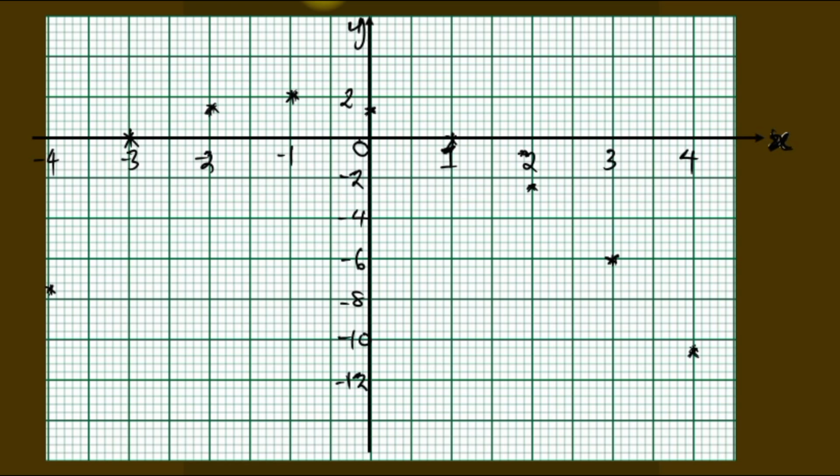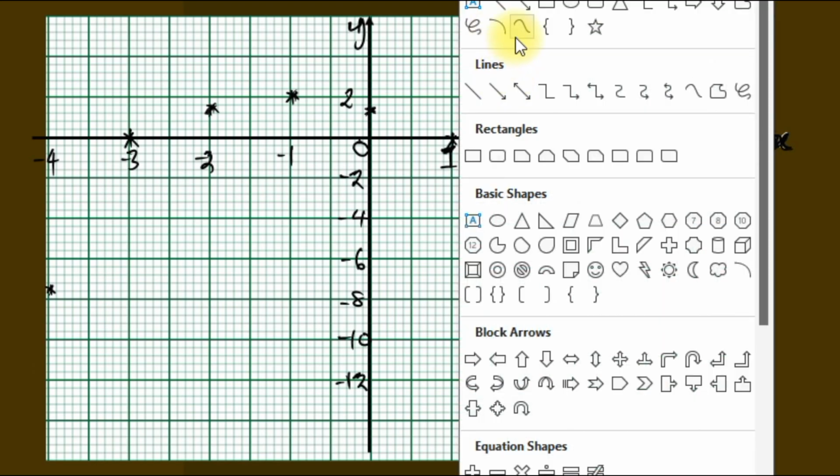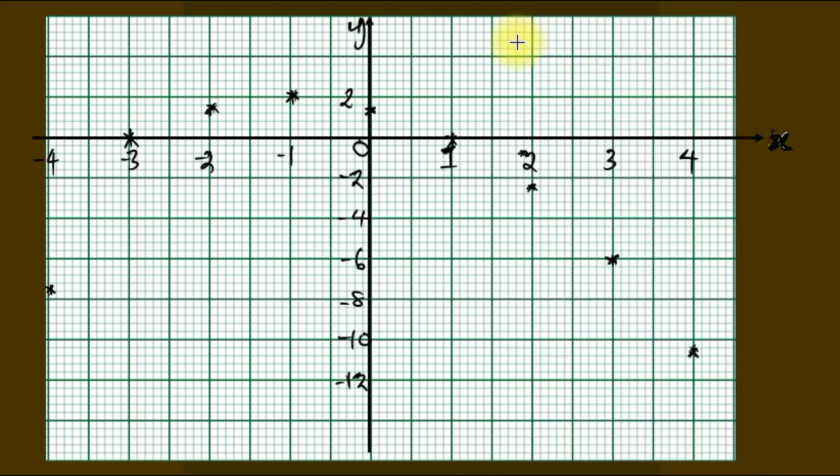So let's now join the points. We are joining.